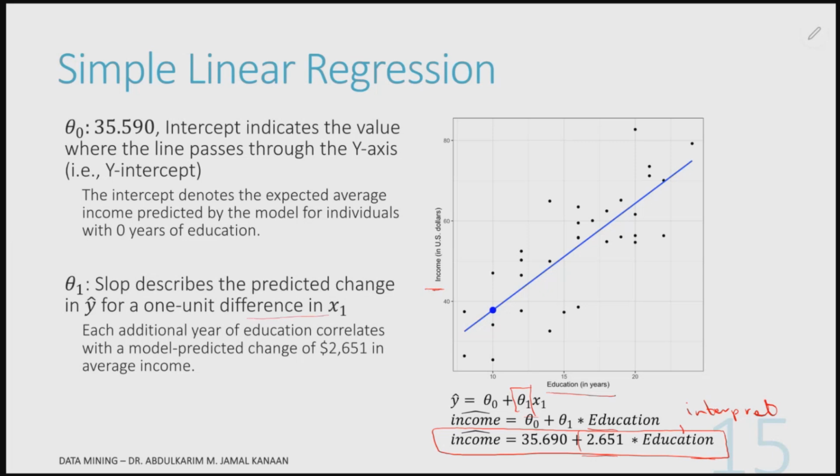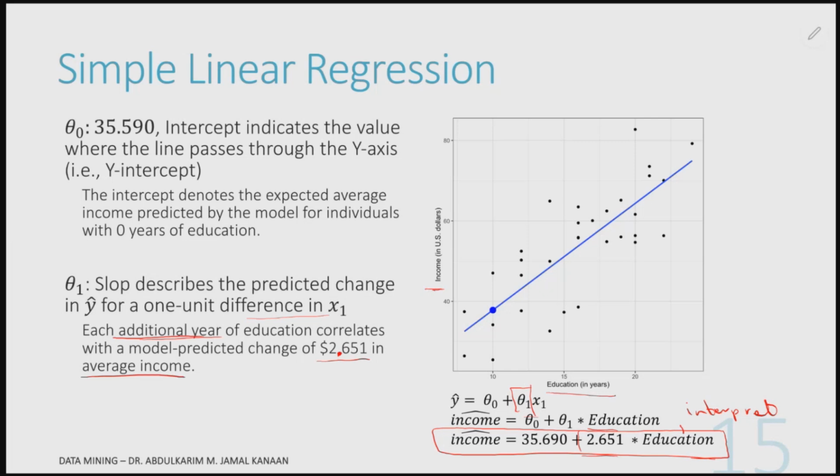So each additional year of education correlates with a model-predicted change of 2.65. This should be a decimal point, not a comma. If you would like to fix it, this is 2.651 in average income. So this is how you can read it.